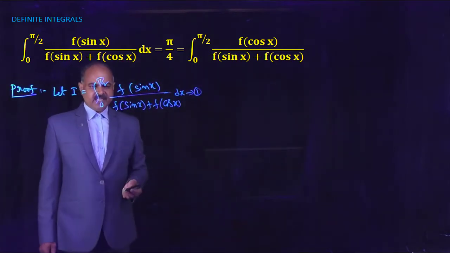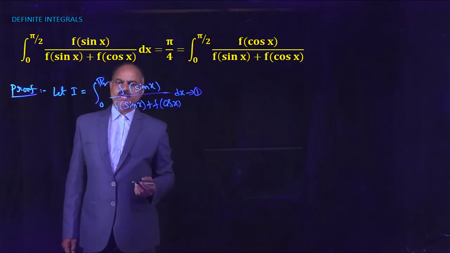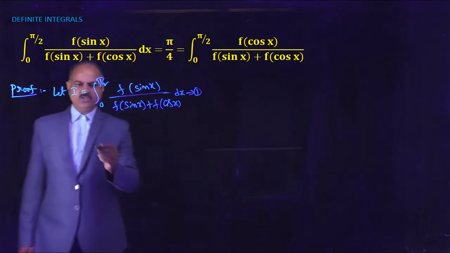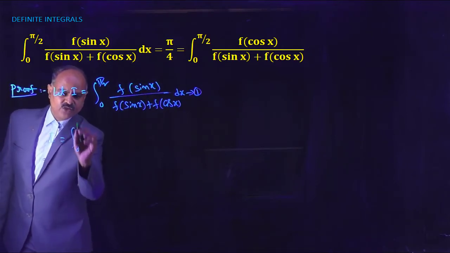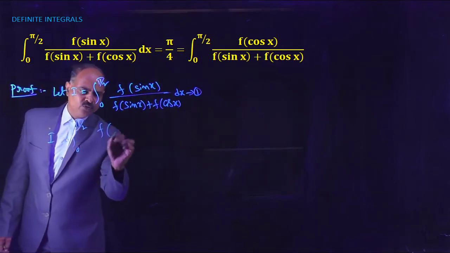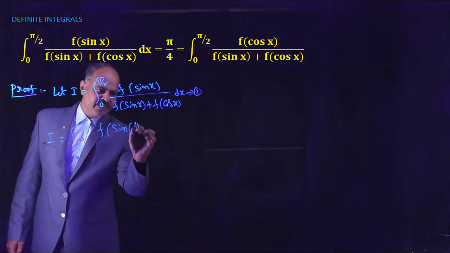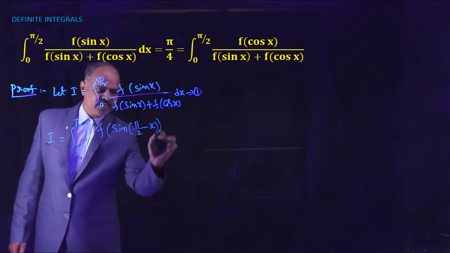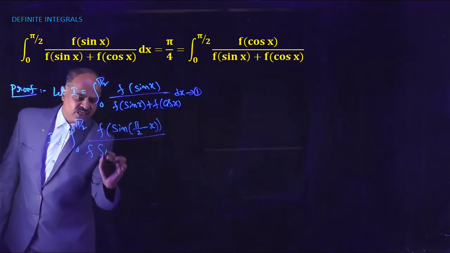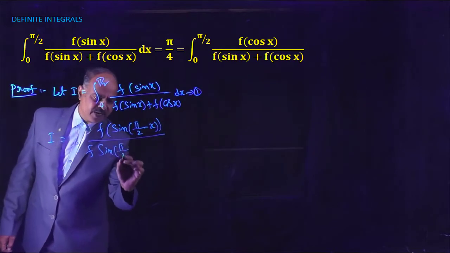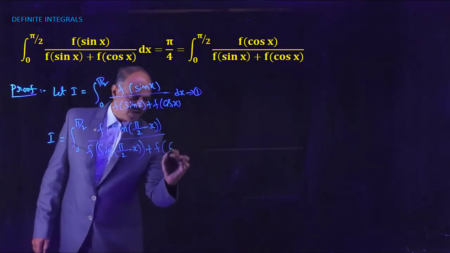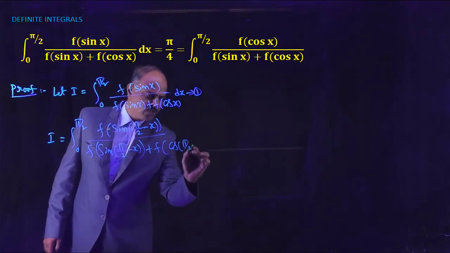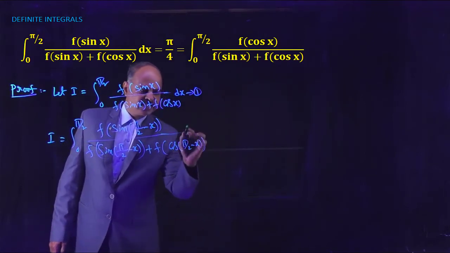So by applying the property integral 0 to a f of x dx equal to integral 0 to a f of a minus x dx, I is equal to integral 0 to pi by 2 f of sin of pi by 2 minus x divided by f of sin of pi by 2 minus x plus f of cos of pi by 2 minus x dx.